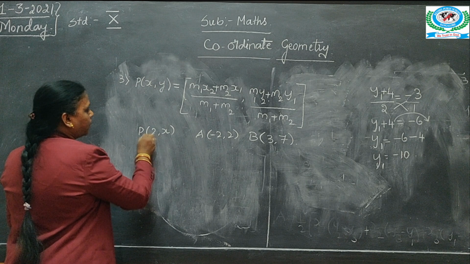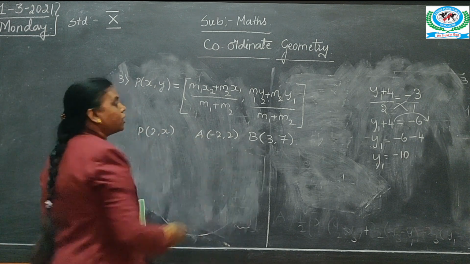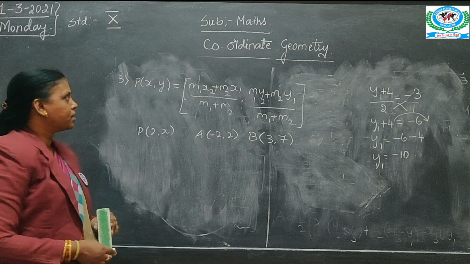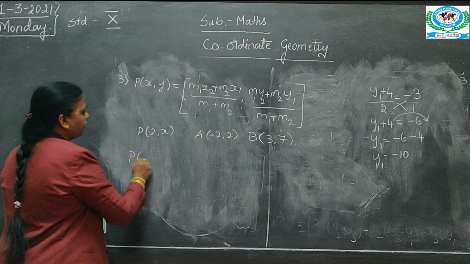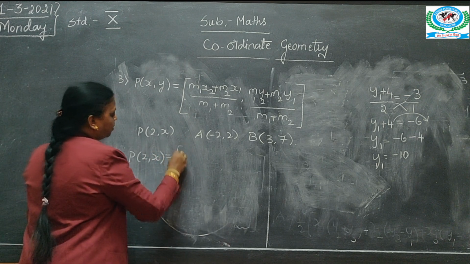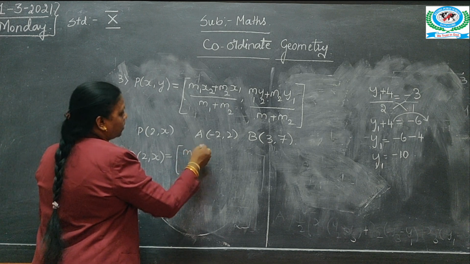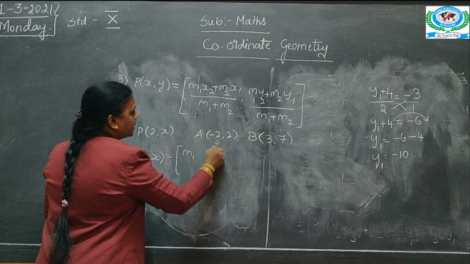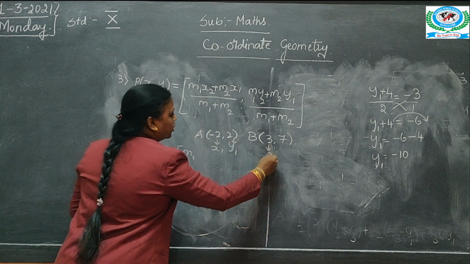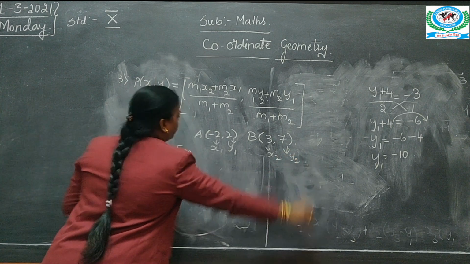So this is P of x comma y. A is given, B is given. You have to find m1 and m2. Substitute here. P of 2 comma x is equal to. So m1 we don't know how much it is. You take this as x1, y1, and this will be x2 and y2.